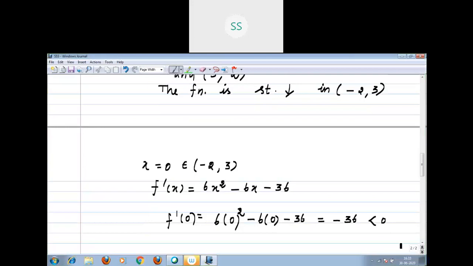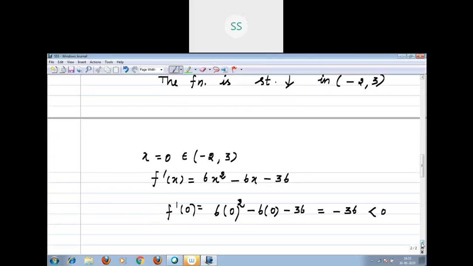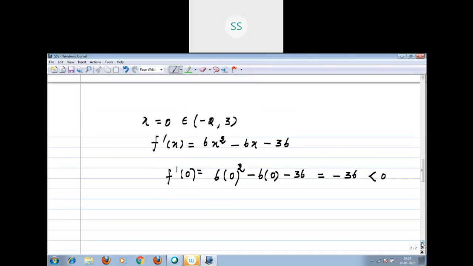Next, what example did I give? 3 to infinity, the function is increasing, I said.